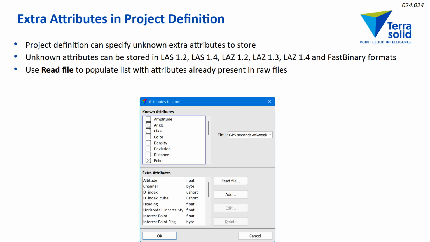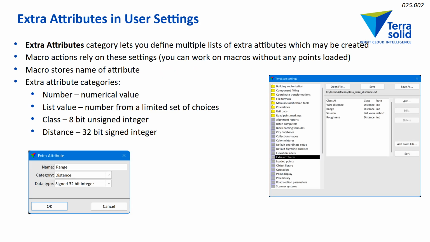If you want to store extra attributes in a project, your project definition needs to list the extra attributes to store. The easiest way to do it is to use read file and select an example file which has all the attributes in it. For working with macros, we need somehow to define all of the extra attributes that we may use.